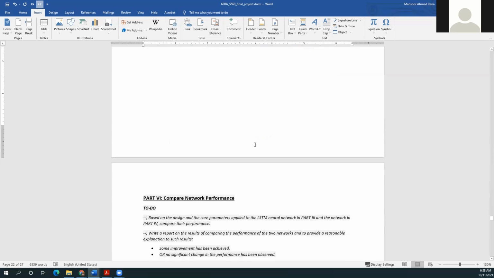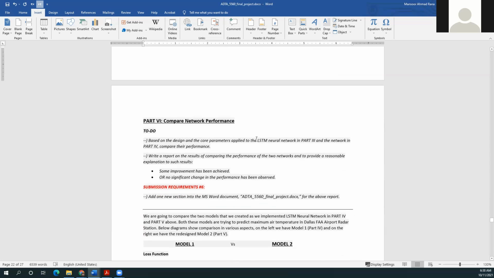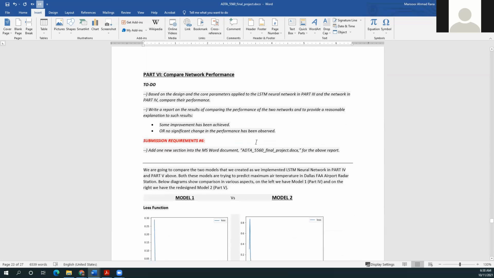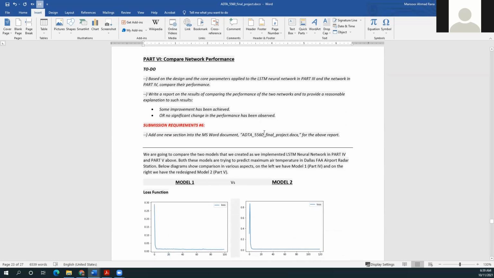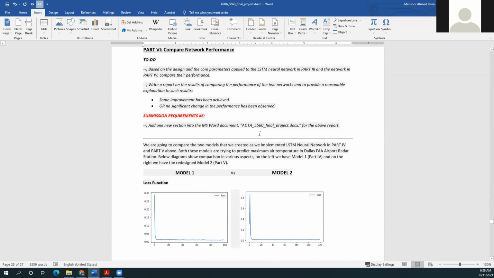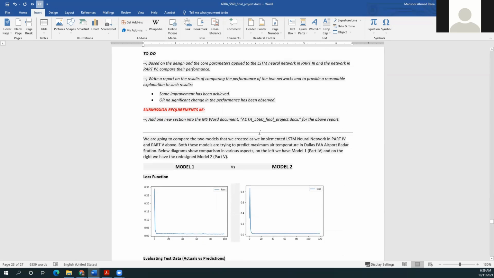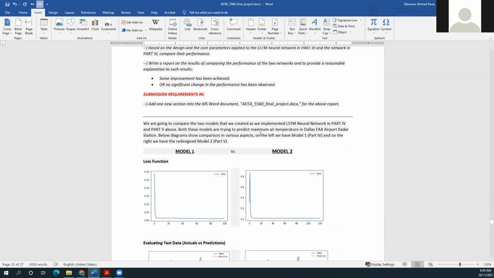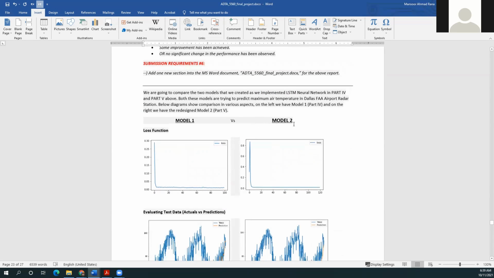The next part is to compare the network performance. We're going to compare the two models that we created in part 4 and part 5, and we are trying to predict the maximum air temperature at the Dallas FAA airport radar station. Below is the comparison, model 1 versus model 2.